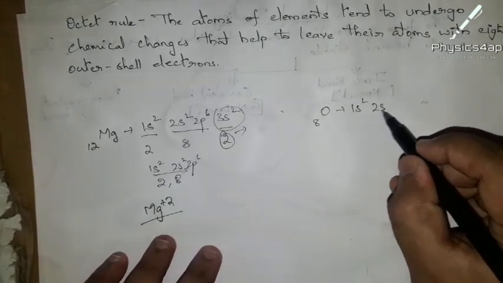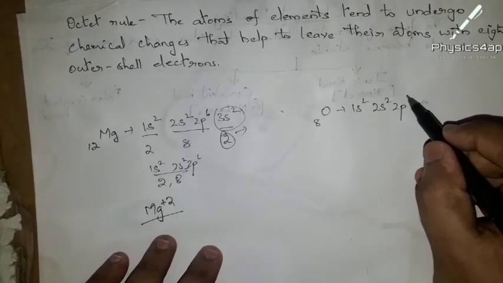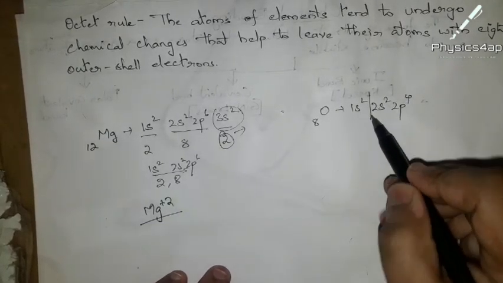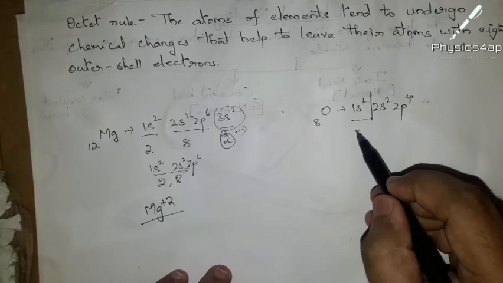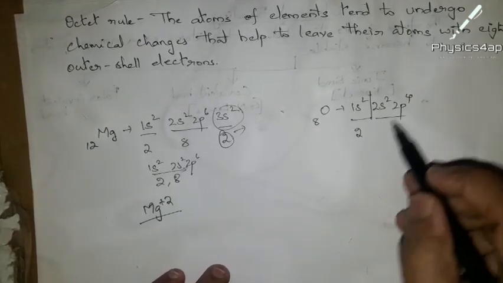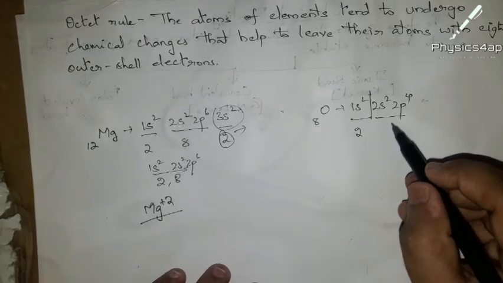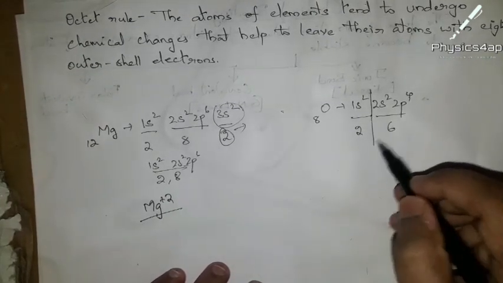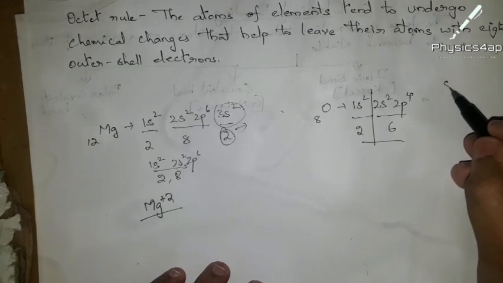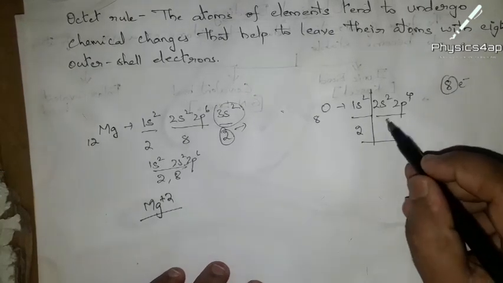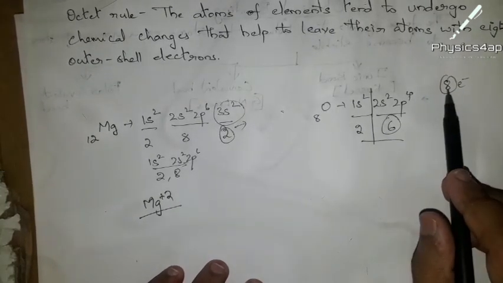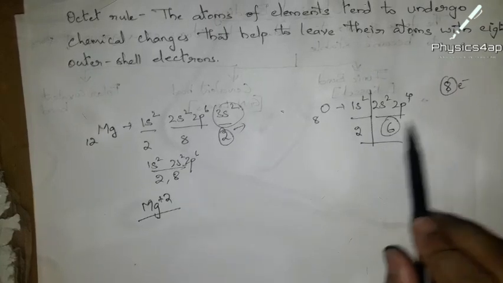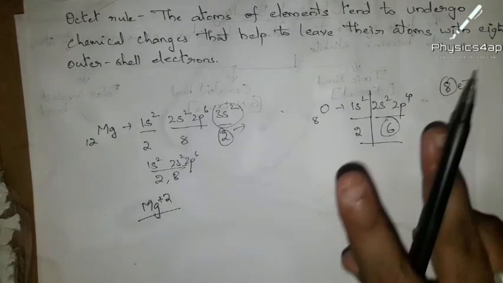Similarly, if we take oxygen, atomic number 8, the configuration is 1s2, 2s2, 2p4. The first orbit has 2 electrons and the second orbit has 4 plus 2, that is 6 electrons. To get an octet, oct meaning 8, the outermost orbit should have 8 electrons. Here we have 6, so 2 electrons should be added.